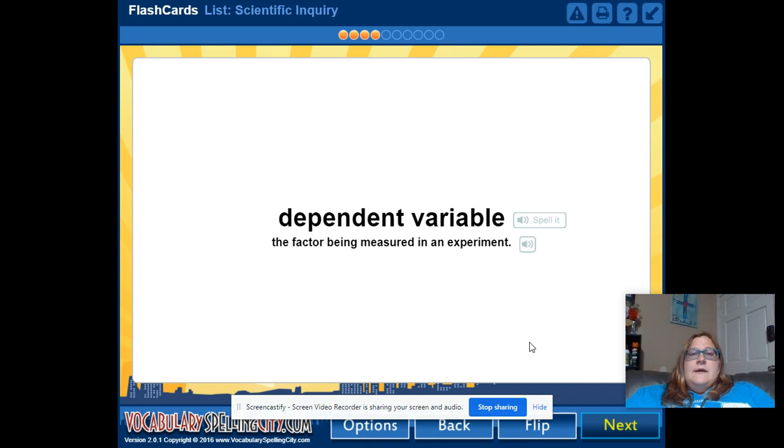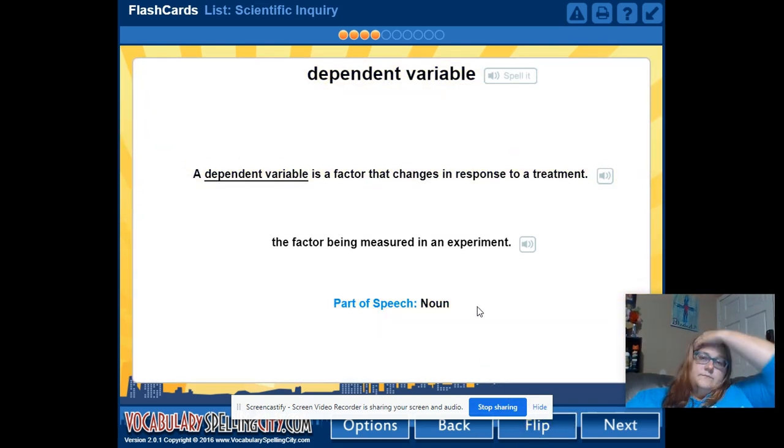Dependent variable. Dependent variable is the factor being measured in the experiment. Okay, so for us, it's going to see how tall will the flowers grow. So we're trying to see if the different liquids, which one's going to make the flowers grow the tallest. It is a factor that changes in response.